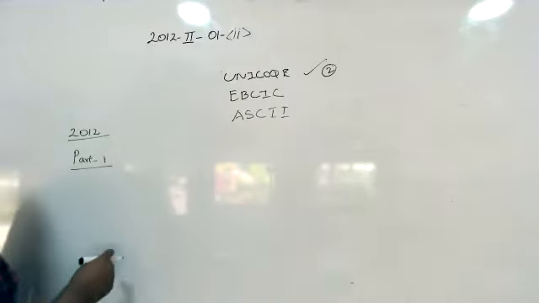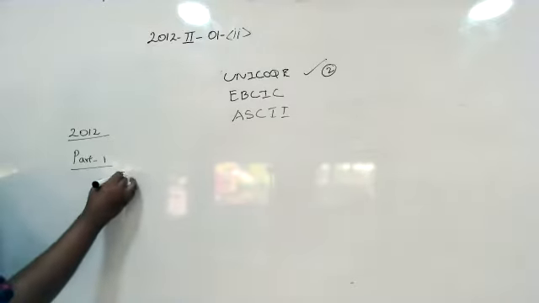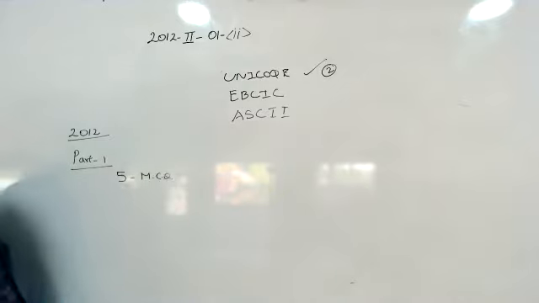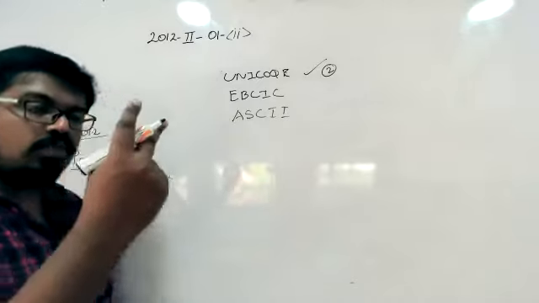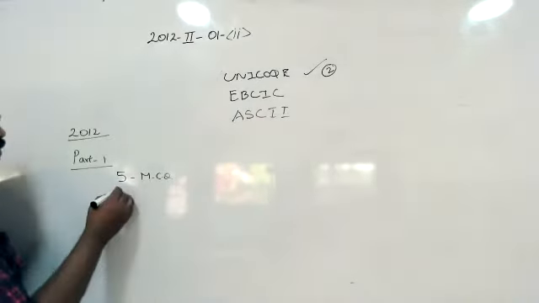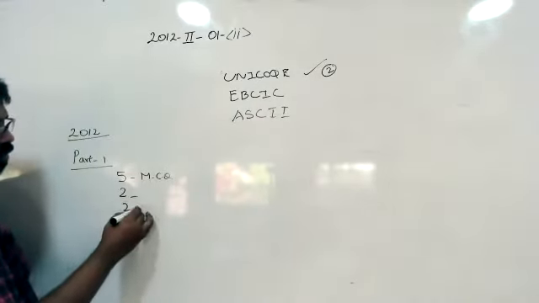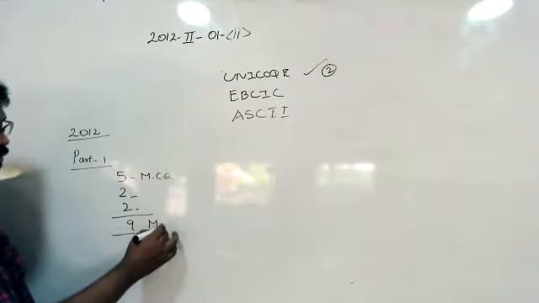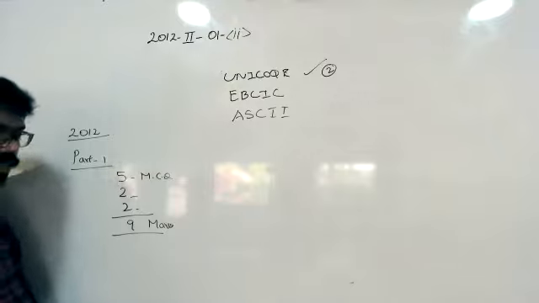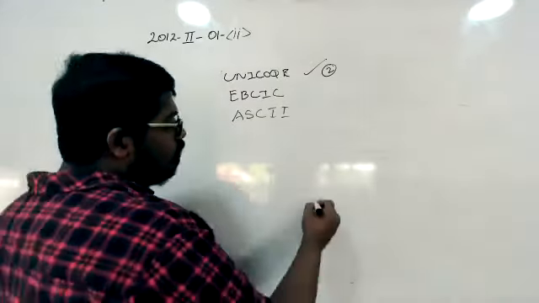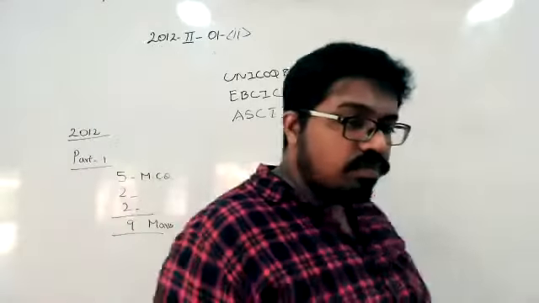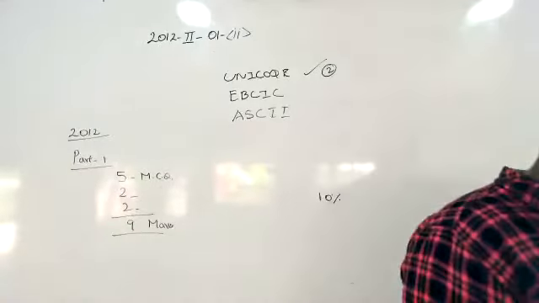So 5 marks for the MCQ. Part 2 compulsory questions, we had 2 parts. So 2 into 2, 4. So altogether 9 marks. So nearly each and every year, 10% of the marks will arise from this chapter.